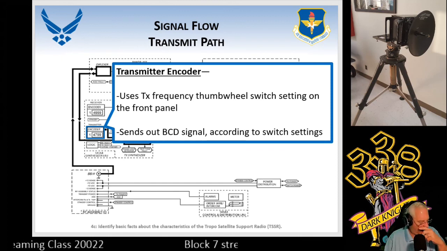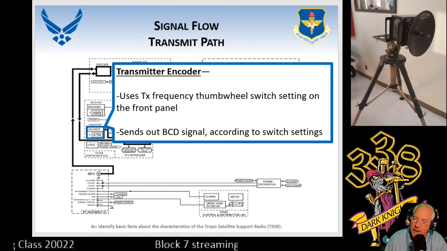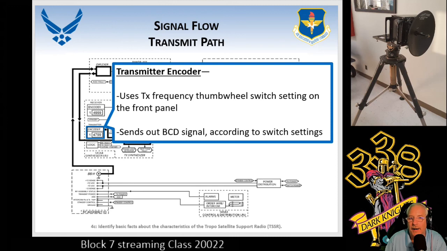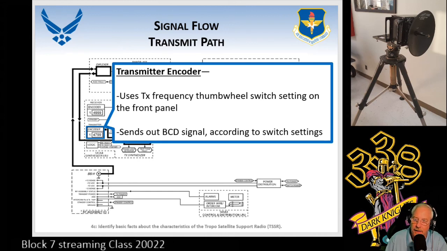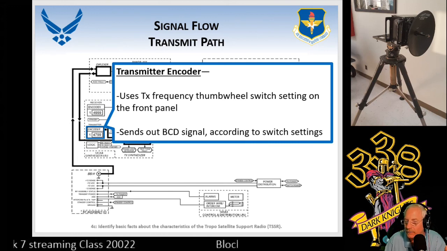Now, with this in mind, I want everybody to understand that the standby operate switch I told you about is in the operate position right now. We haven't gone to standby, because we're not talking about loop back or anything else. So when we look at this, it is a BCD. It's binary coded decimal, ones and zeros.